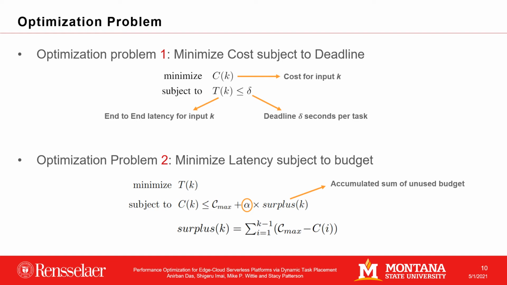Now, the second optimization problem is a little bit different from the first, because here we have a constant scaling factor alpha. What alpha does is essentially allow us to accumulate the surplus or unused budget. So if a job executes and doesn't use up all the budget, we'll accumulate the budget, which we can leverage to execute more jobs in the cloud later on if needed.